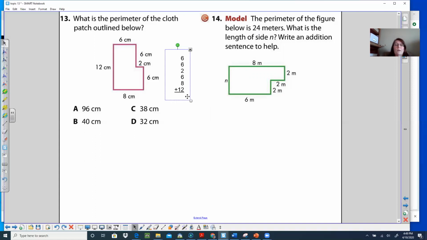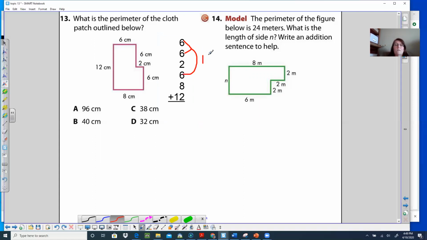Okay, I'm going to make them a little bigger so you can see them. Okay, 6, 6, and 6. I can add those together and get 18. So I'm going to group those. That's 18. Now, these two, that's 10.